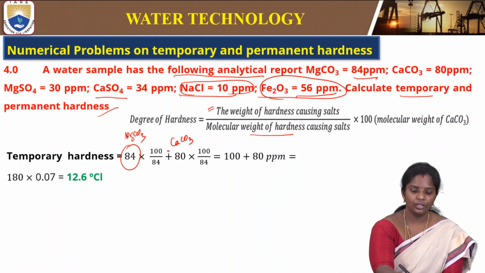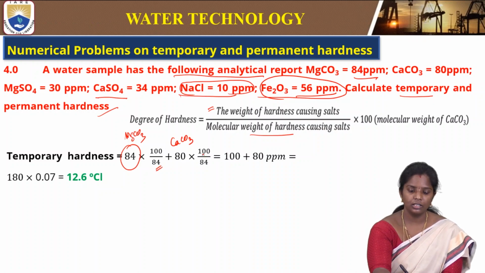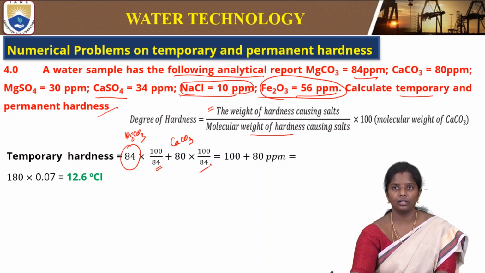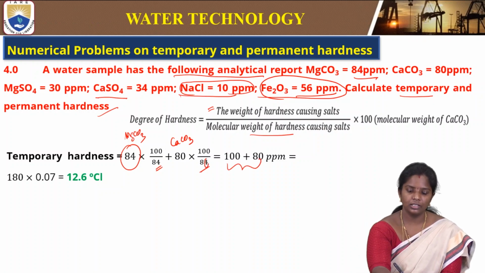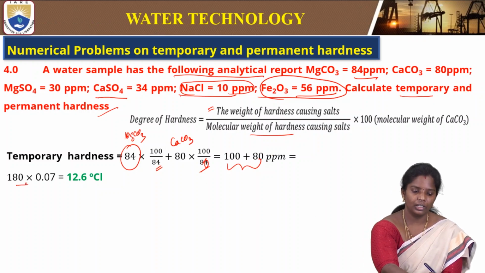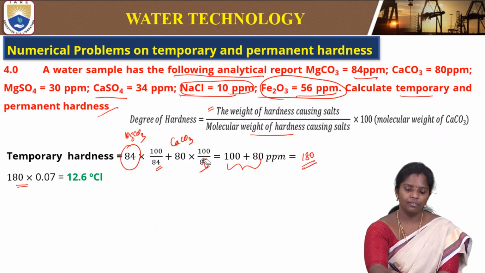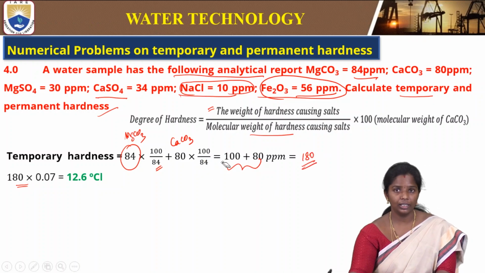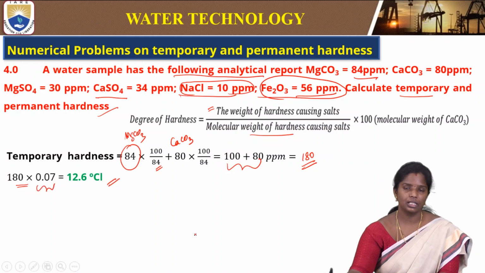So 84 into 100 by 84, the molecular weight of magnesium carbonate, and 80 into 100 by 100 for calcium carbonate. So we get 100 plus 80 equal to 180. After calculation, we convert into degree Clarke by multiplying with 0.07 and we get 12.6 degree Clarke.